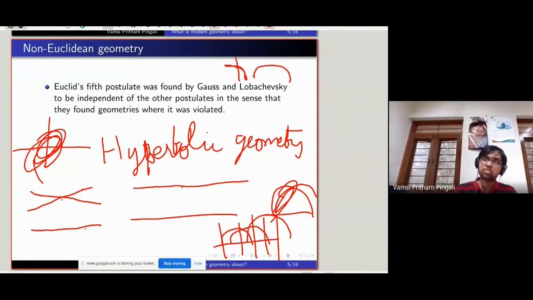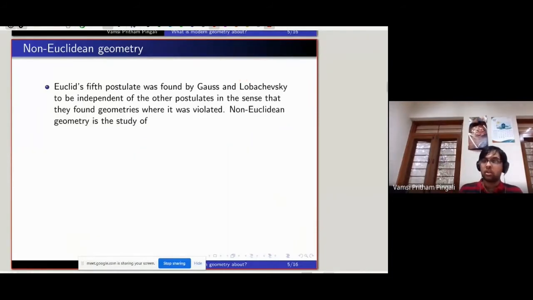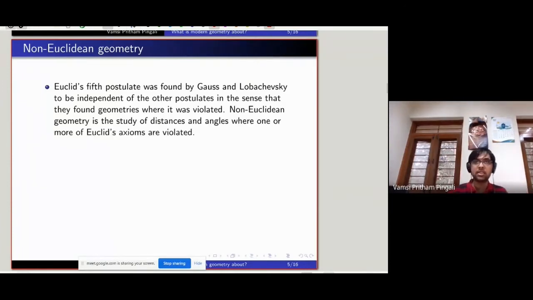And the strange thing in hyperbolic geometry is that the sum of angles of a triangle is actually less than 180 degrees. It's not obvious, but it turns out that with this postulate, you can prove this property. Anyway, so non-Euclidean geometry is the study of distances and angles, that is geometry, where one or more of Euclid's axioms are violated.